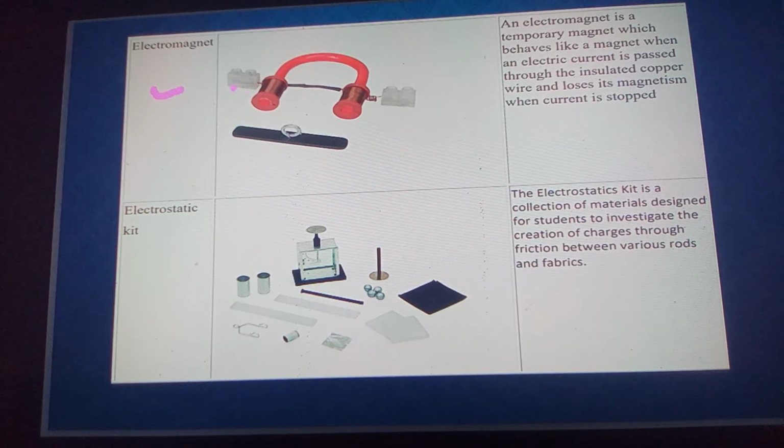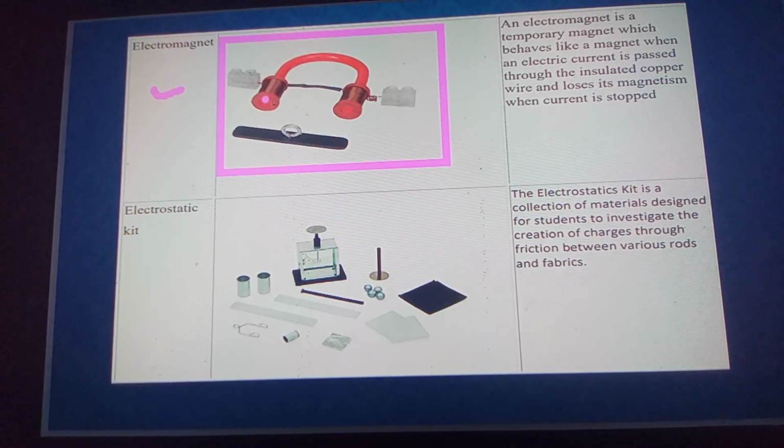Electromagnet. You see the picture, I think it is observed well. It is made of wires which are wound on a magnet.